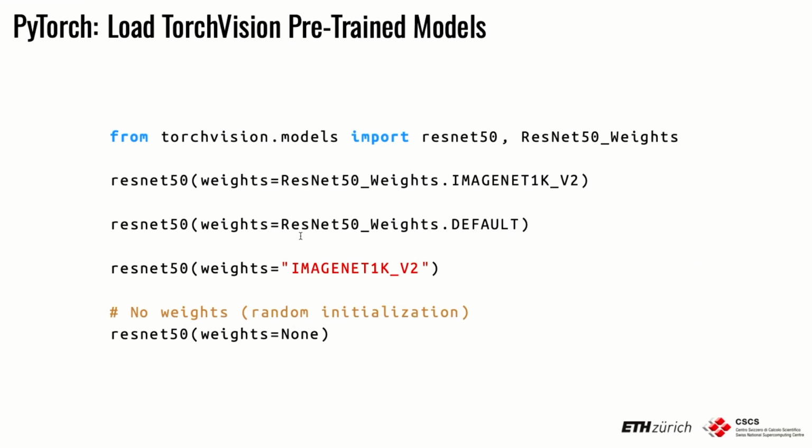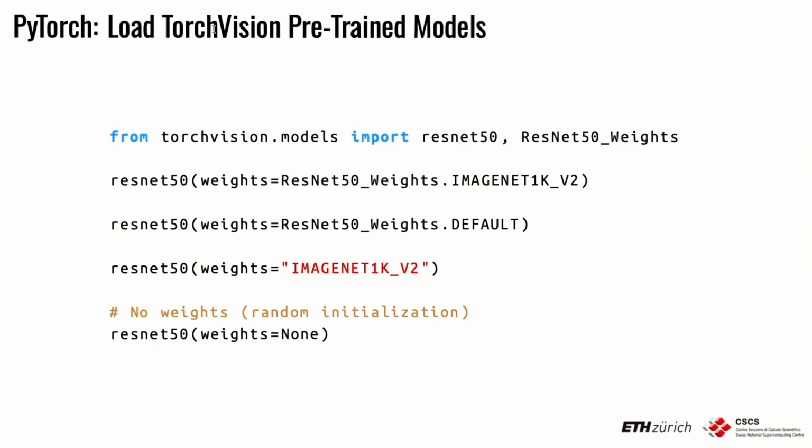So how does it work in practice? The first thing that I want to show you is how to load a pre-trained model from TorchVision, which is this PyTorch module to work with images that we already saw yesterday, and is the one that contains all the transformations, for example.